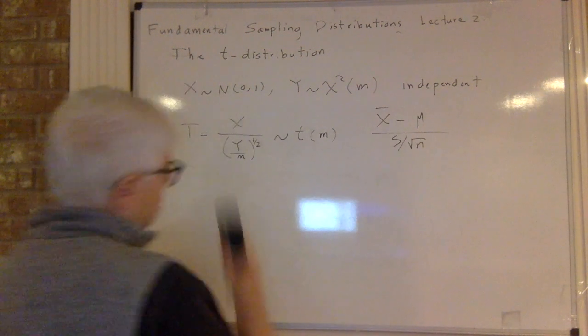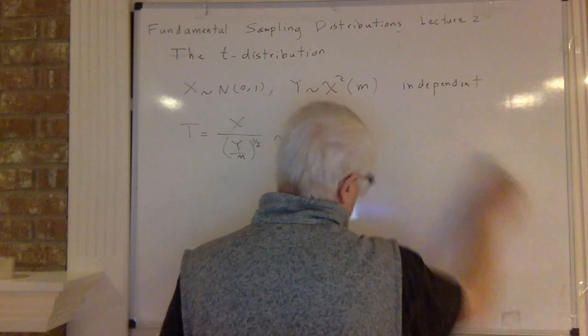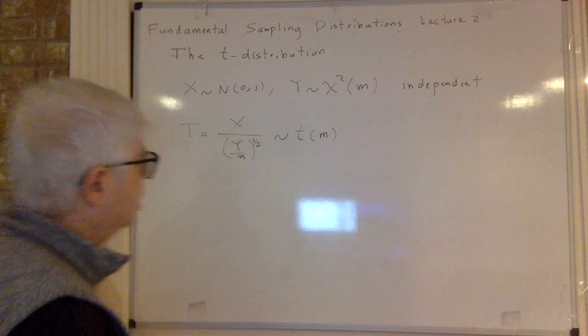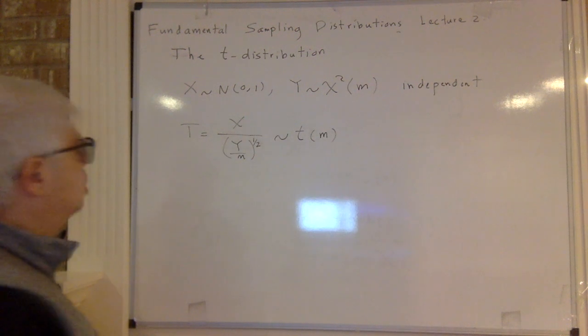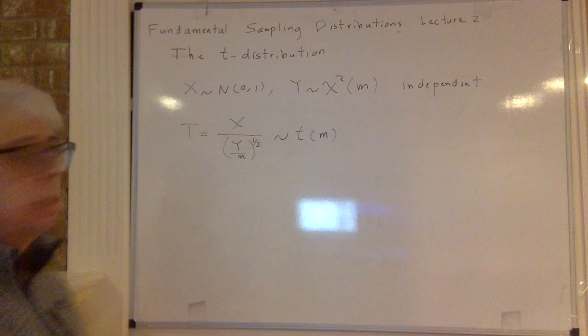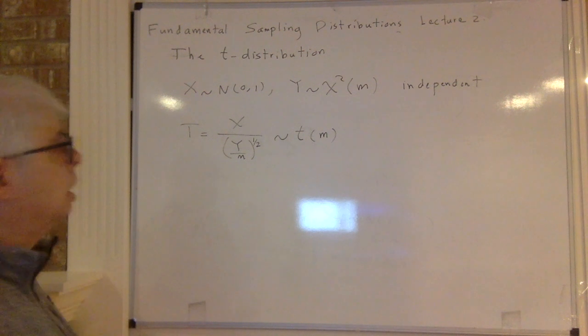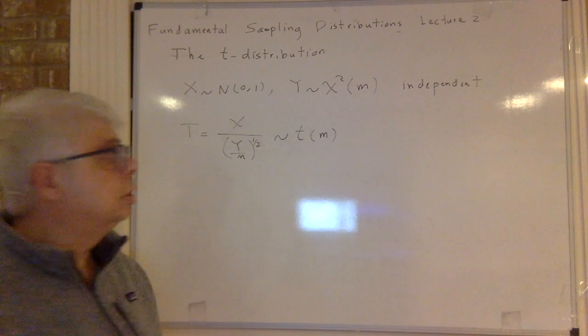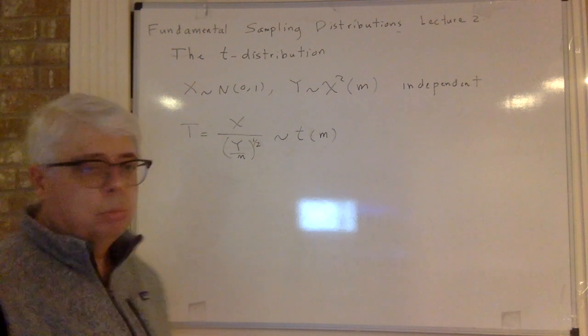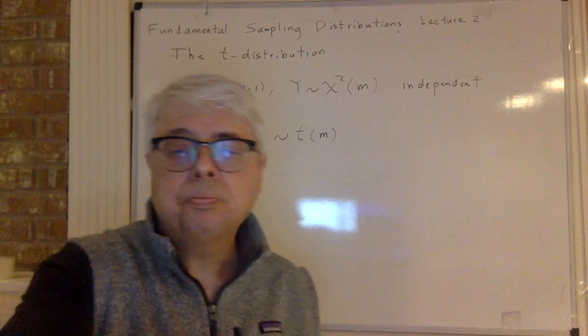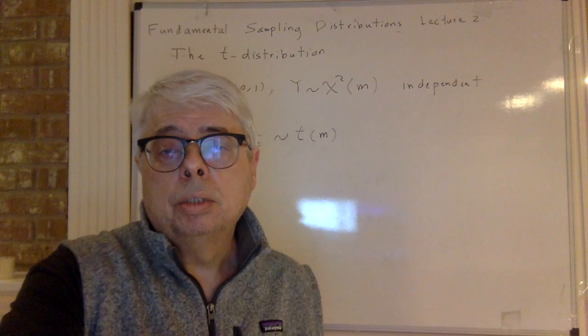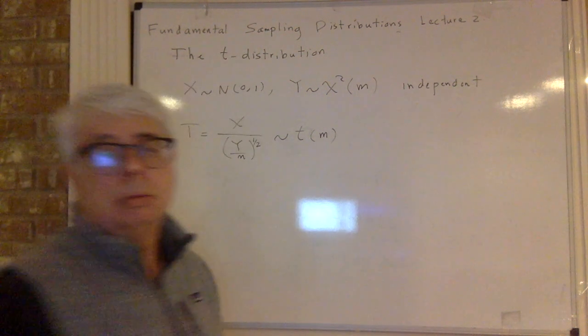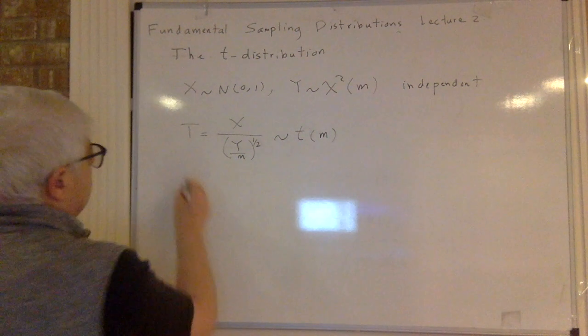That's where it's used. Now, finding its PDF needs a lot more knowledge, and that has to do with transformations. I'm not going to find it, but there's a formula for that which you can see in the book and also in the notes. That's all I wrote over here.